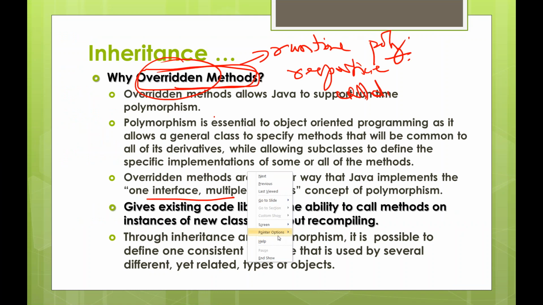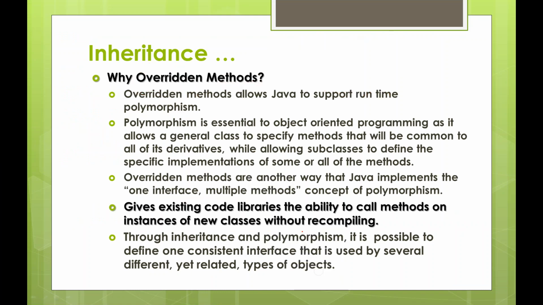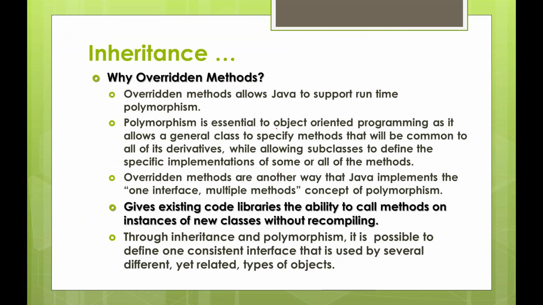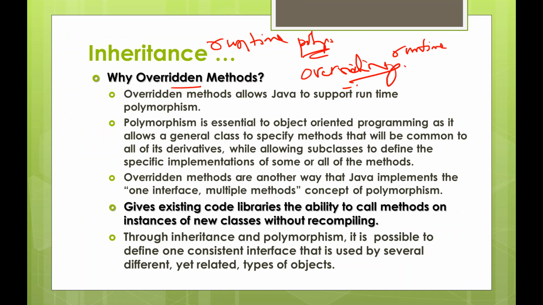That is why it is very powerful, and it's called runtime polymorphism. Through overriding, Java implements runtime polymorphism.